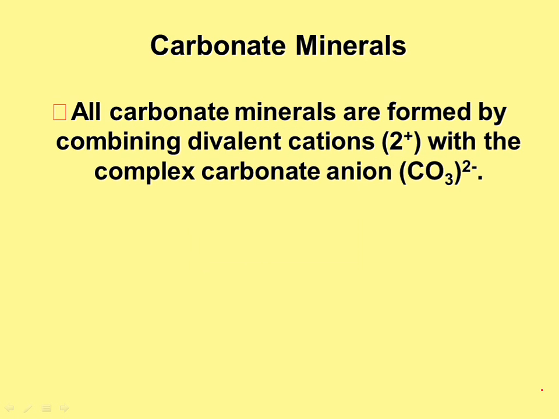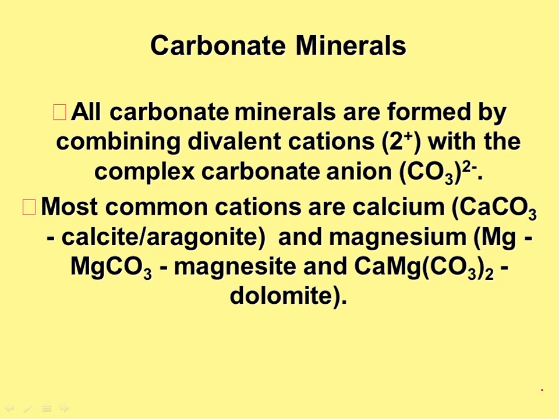So if we look at the carbonate sedimentary rocks, obviously they're made up of carbonate minerals, and all carbonate minerals form by combining divalent cations with the complex carbonate anion, shown there in that first bullet.